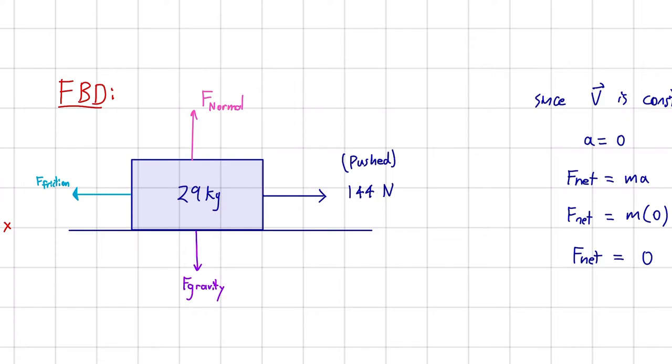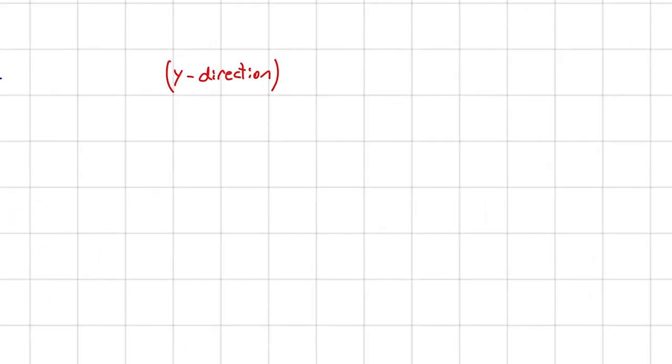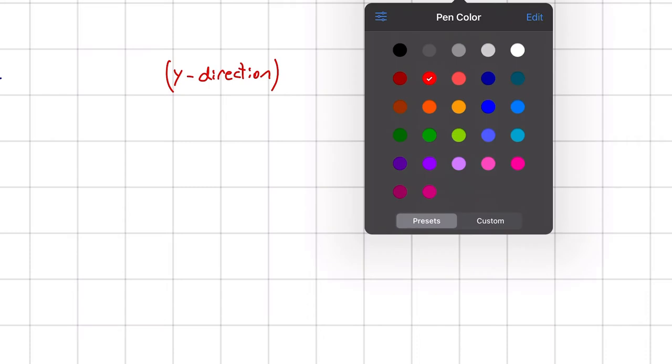What we know based on that is that the force of gravity is equal to the normal force and vice versa. So we can write that out here: the normal force is equal to the force of gravity.